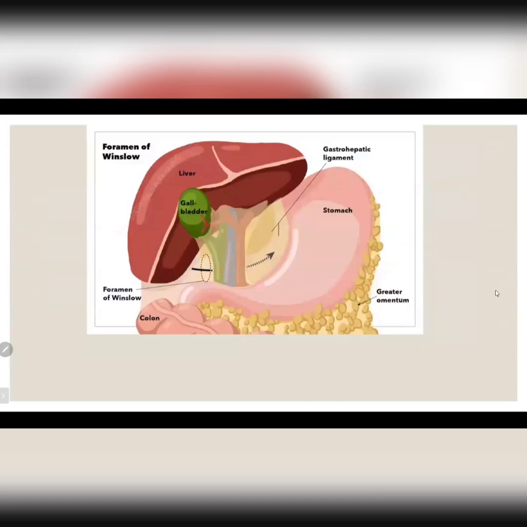I just want to ask you a clinical question. Suppose you are the surgeon operating on a patient in the abdominal cavity. You're performing a surgery, and then you notice, maybe because of some injury, the liver is bleeding profusely. The liver is a very vascular organ, and any injury to it will cause profuse bleeding.